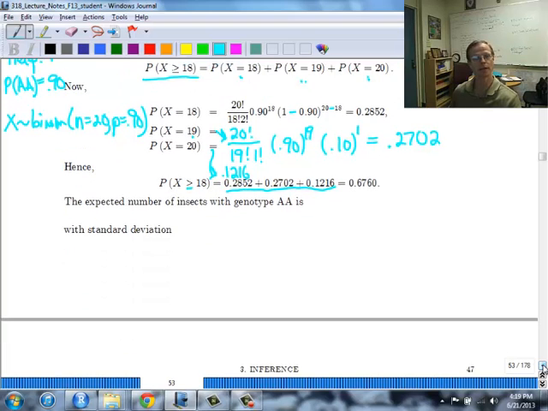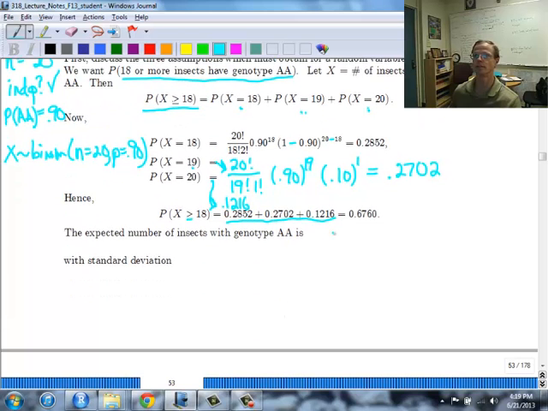It might not be nearly as high as you thought. After all, the expected value is np, so that's 20 times 0.9, which is 18. So we're expecting to get 18 of them. The probability that we get 18, 19, or 20 is only 67%.